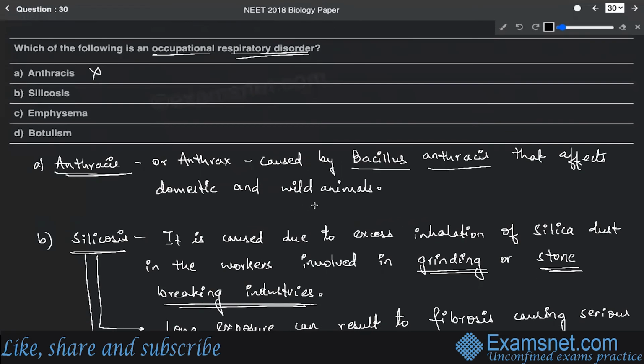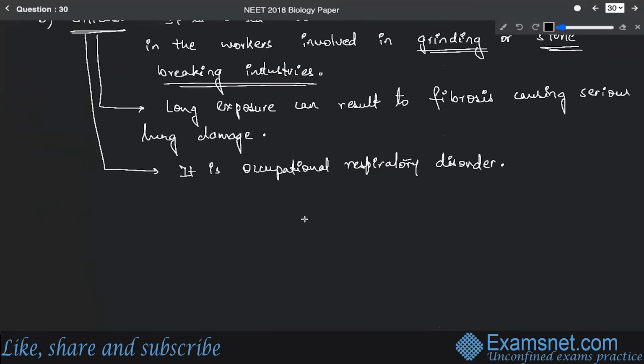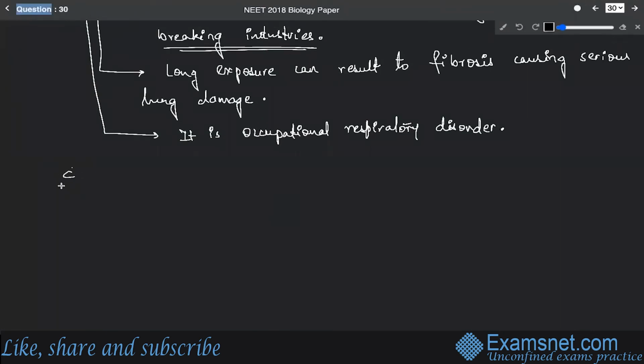Now, the third option is emphysema and then botulism. Emphysema is also a respiratory disorder, but here the alveolar walls get damaged, because of which the respiratory surface is reduced. So this is not an occupational respiratory disorder.